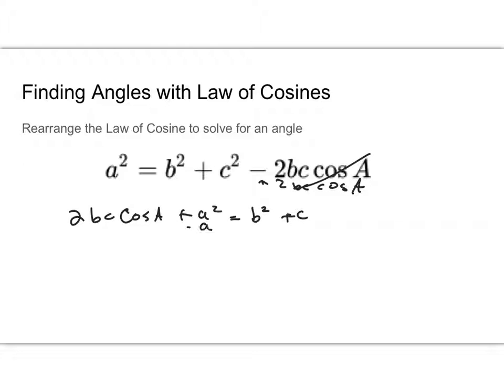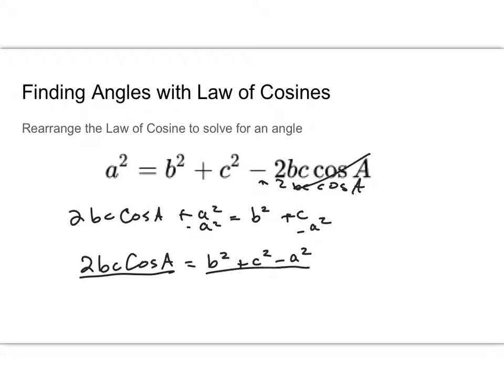I need to subtract the a squared from both sides, and I end up with 2 times b times c times the cosine of A equals b squared plus c squared minus a squared. Doesn't leave me quite with my angle alone. I still need to do a little division. 2 times b times c. If I divide by that, I'm left with the cosine of A.